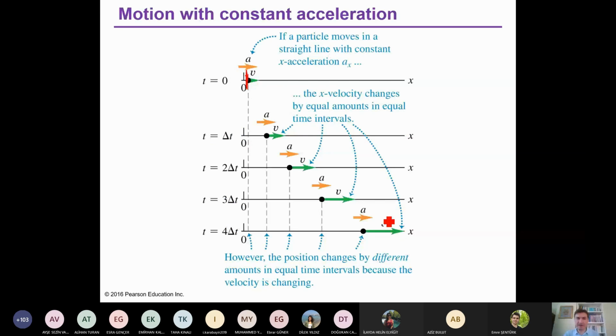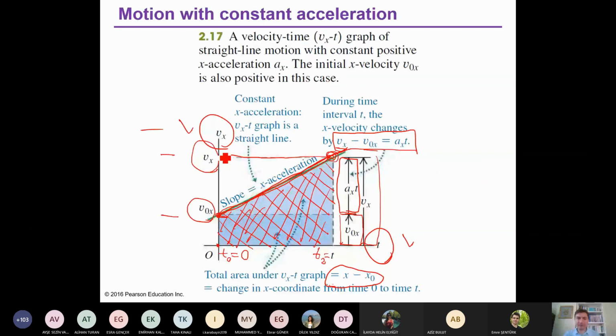This is the x0, this is the x, and total displacement, delta x, is given by x minus x0, right? And the area under this Vxt graph gives us the total displacement. So now we will discuss all these things in detail.